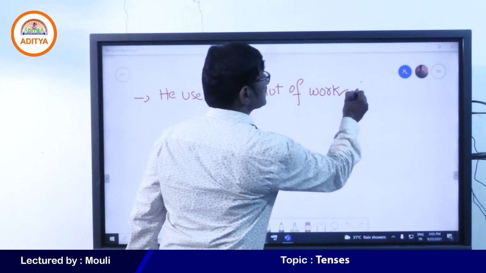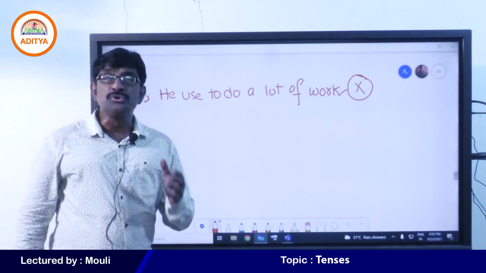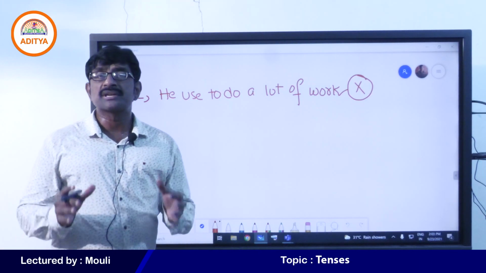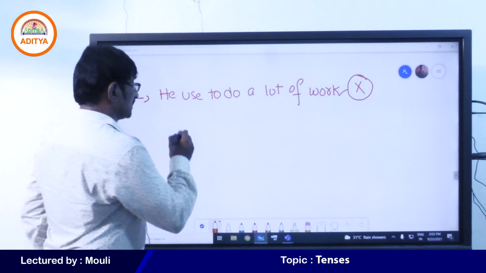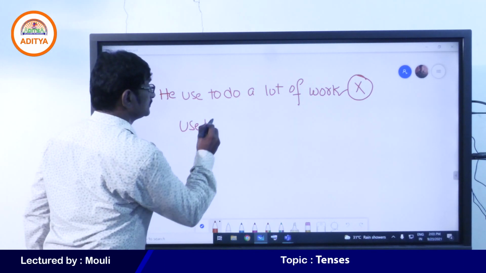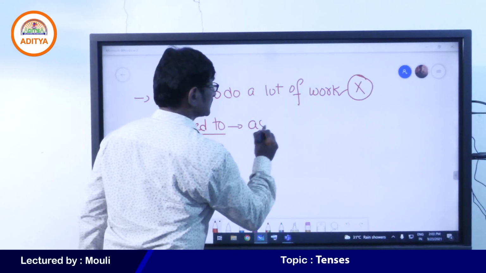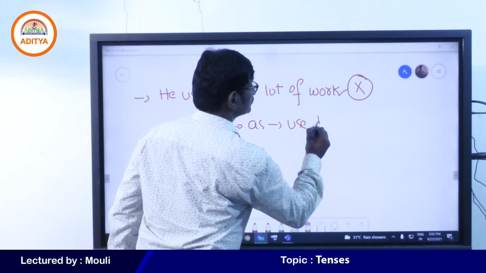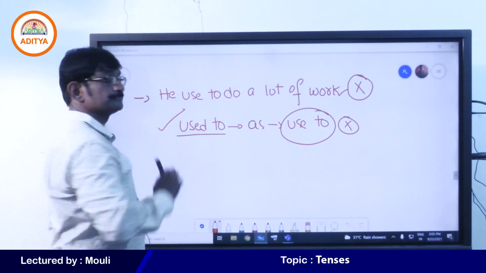This is a wrong sentence, because used to cannot be used as used to. That means we cannot write used to as used to. This is a mistake students and this is right.